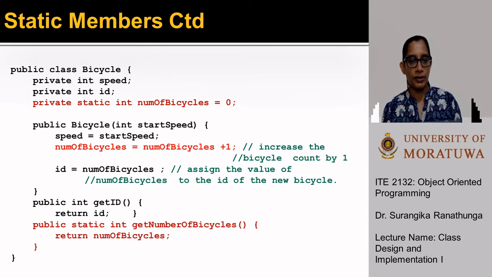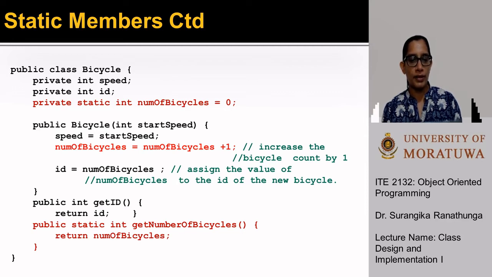In contrast, for an instance method, for example this getID method, if you want to call it, you have to create an object from the bicycle. Let's say Bicycle b equals new Bicycle, then we can say b.getID. However, this get number of bicycles is a static method, which means what it does inside the method does not depend on an individual object.